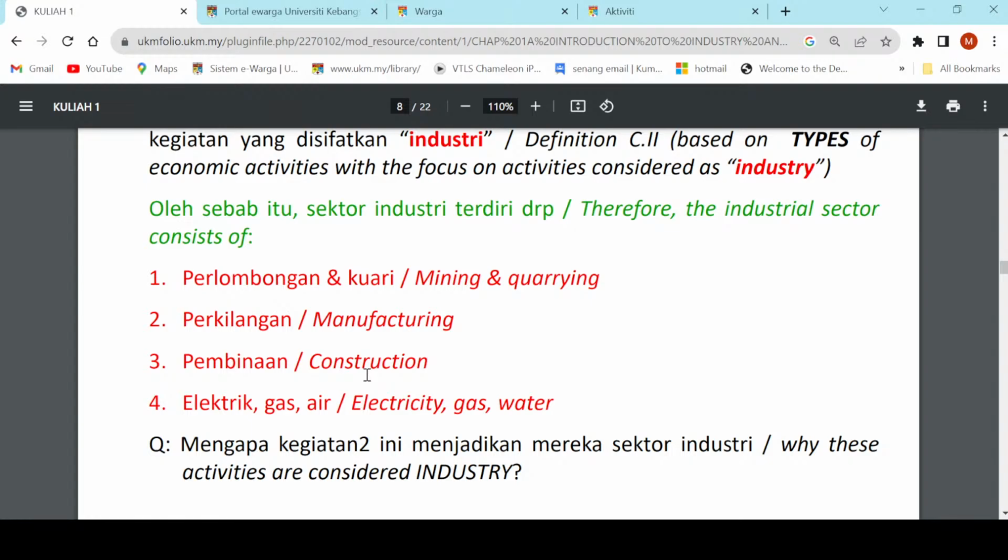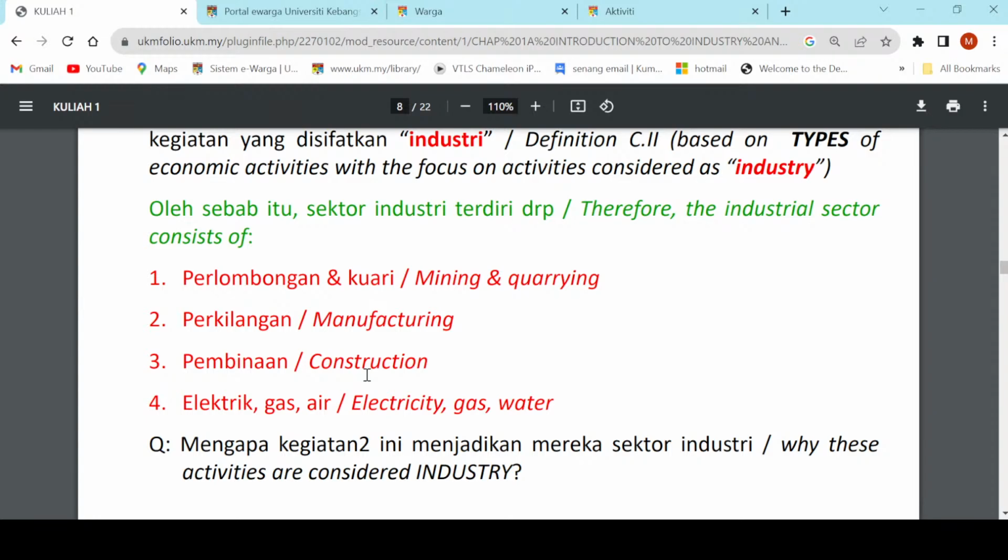To produce electricity, yes, you need a lot of technology, the dynamo, the machine, engineers will do that. Gas and water as well need technology.